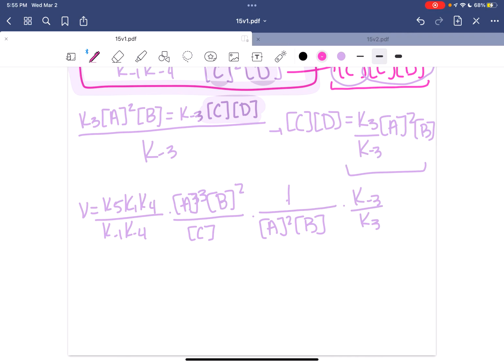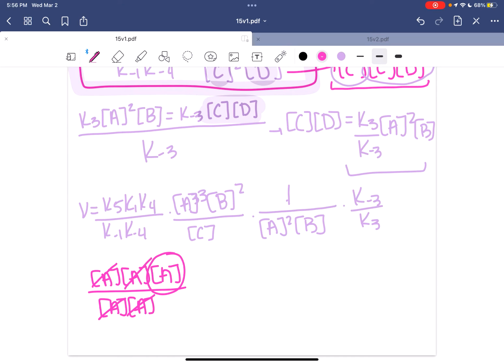And another way of writing that, we can just write it all out. A cubed is equal to A times A times A. And if we divide it by A squared, that's equal to A times A. So 2 of the A's on the top are going to cancel out with both of the A's on the bottom. So we're just left with a single concentration of A on the top.